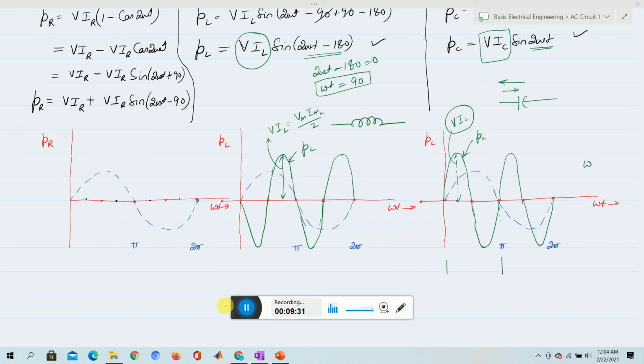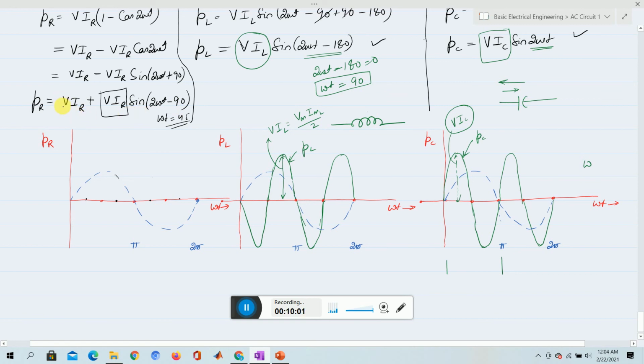So when we take the value of the power for PR, there is also sine of 2 omega t minus 90 degree. So we can evaluate that it will have omega t equals 45 degree. The lag is there at 45 degree in the omega t scale. And this is the peak value of this waveform.